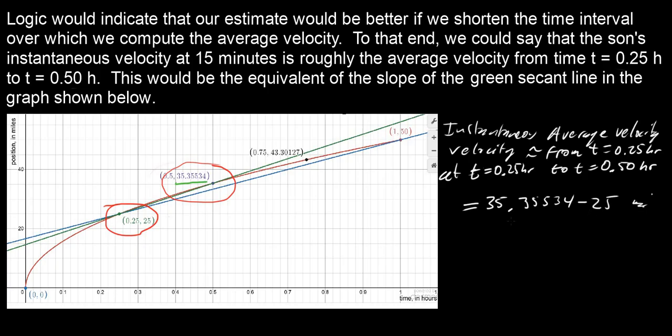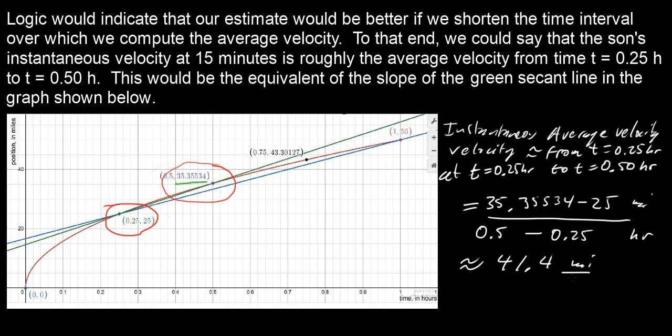This again is miles. And we divide by the change in time. Well, the change in time this time is 30 minutes or 0.5 hours minus 15 minutes or 0.25 hours. And when we do the arithmetic on this, we get a new number. We get roughly 41.4 miles per hour.